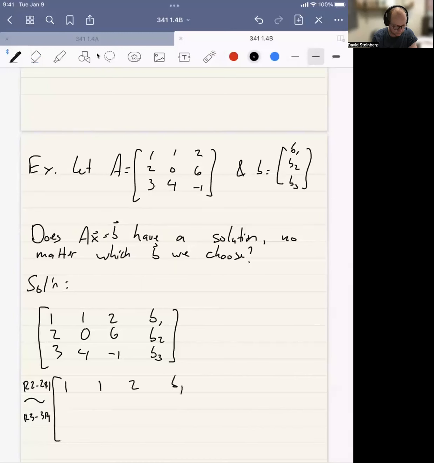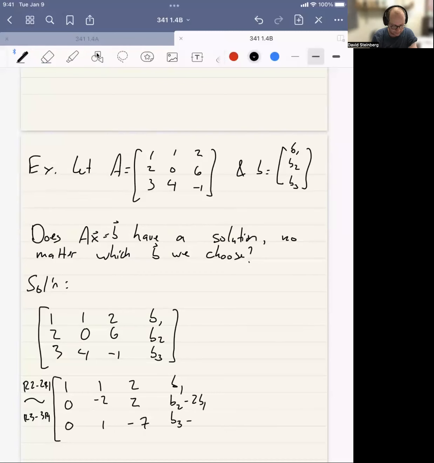In row 2, we've got 2 minus 2 times 1 is 0, 0 minus 2 times 1 is negative 2, 6 minus 2 times 2 is 2, and then b2 minus 2 times b1, so this just becomes b2 minus 2b1. Similarly downstairs, we get 0, 1, negative 7, and b3 minus 3b1.